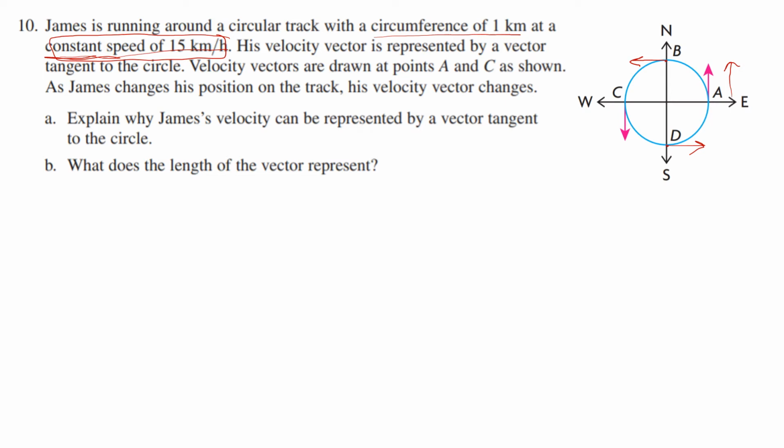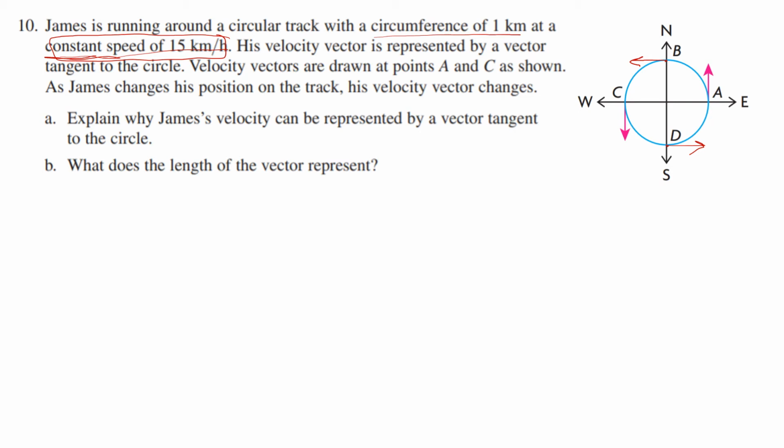Now it says, explain why James' velocity can be represented by a vector tangent to the circle. This is because the tangent vector given actually describes James' velocity at that moment, like we said before. It gives us his direction and the magnitude of it at that point specifically.